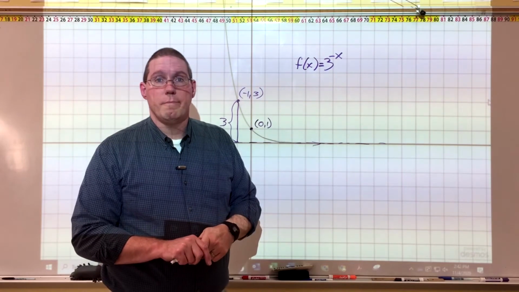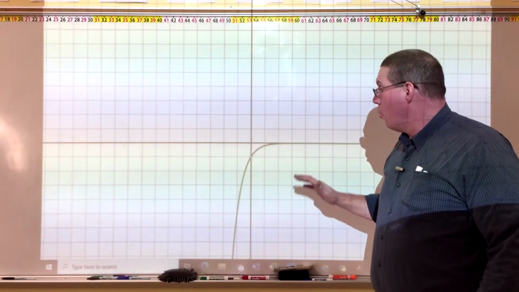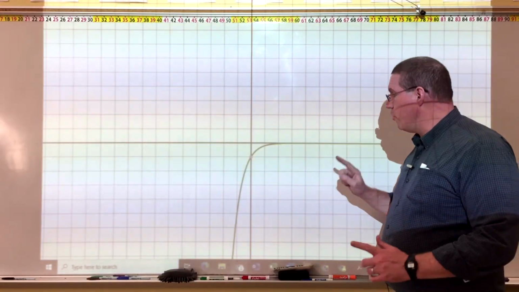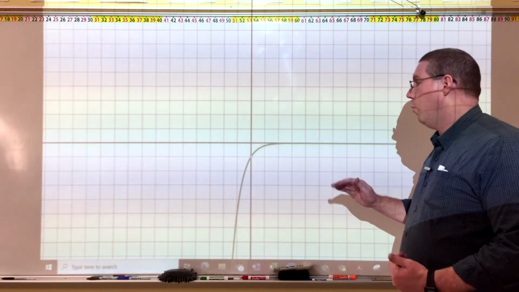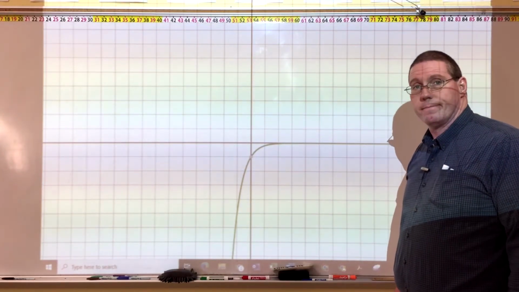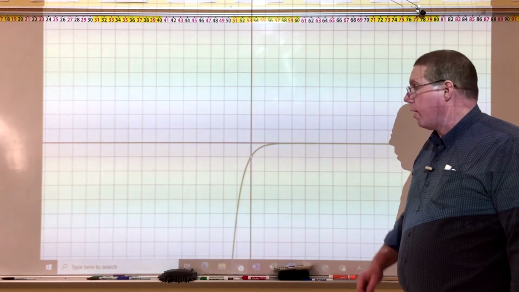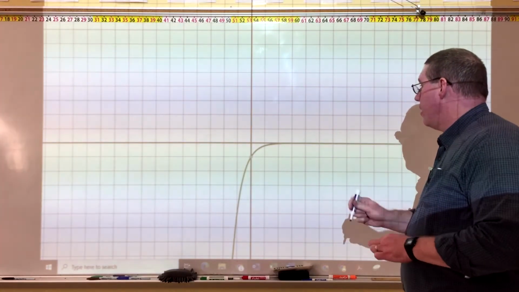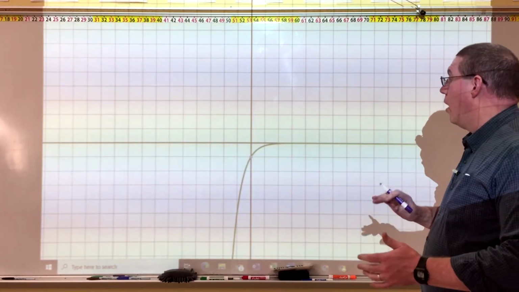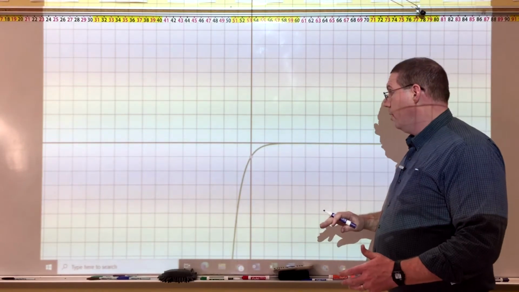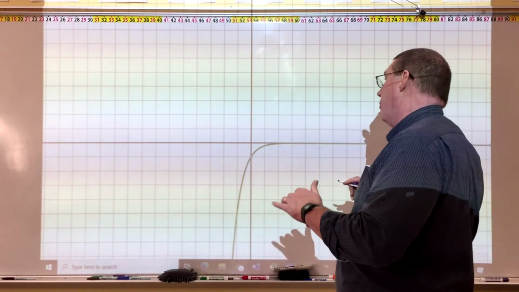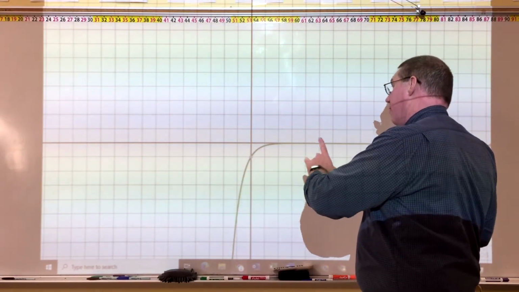Let's try another one. All right, let's try this one. Why don't you pause the video and see if you can figure out on your own what this is the graph of. All right, so the first thing I want to know is, is this graph above or is it below? And is it going flat to the left or is it going flat to the right?